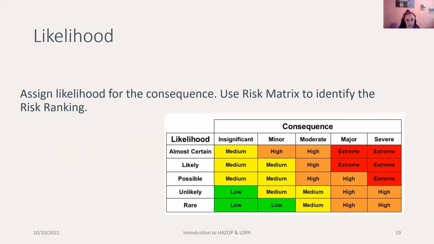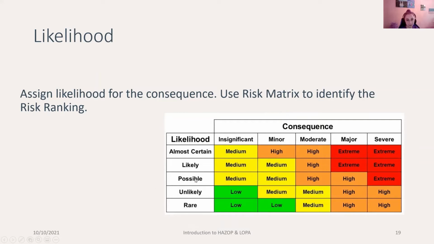And assessing that, taking into account how often that happened previously in industry, and for example, that's a common thing, that's a possible thing. Summarizing that, after you assign the likelihood, you are using the risk matrix to identify the risk ranking.